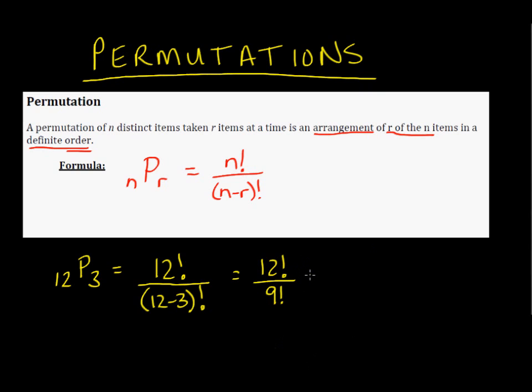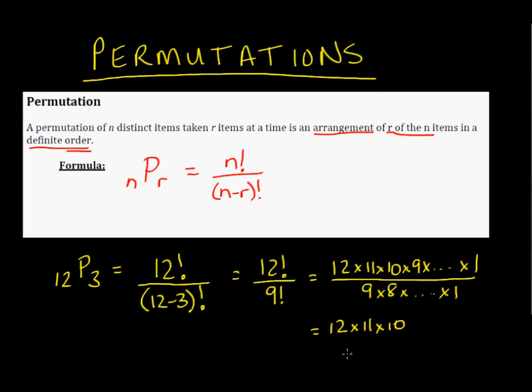And if we write this in expanded form, that tells us that we've got 12 times 11 times 10 times 9 times all the way down to 1 over 9 times 8 times, and then again all the way down to 1. The numbers from 9 down to 1 will divide out with the denominator, and we're going to be left here with 12 times 11 times 10, okay, which is 1,320.